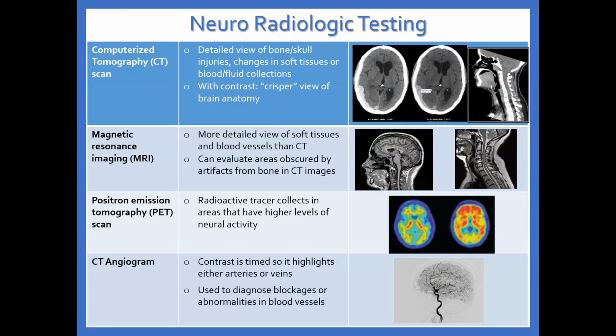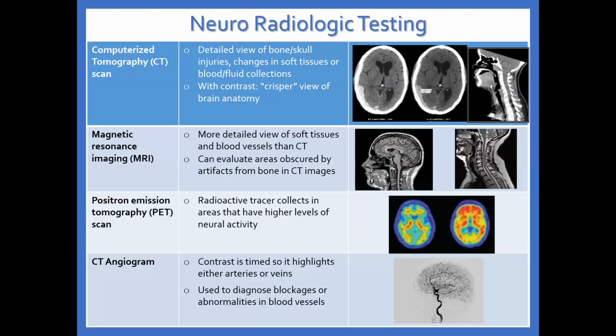Tissue function is basically where we can see, they will do this on patients where this isn't really an in-hospital, emergent thing for injuries. But we can see that this area of the brain is way more active than this area of the brain. So they will do that to compare and contrast people and trying to find out if their tissues are functional or not. They can go to a PET scan.